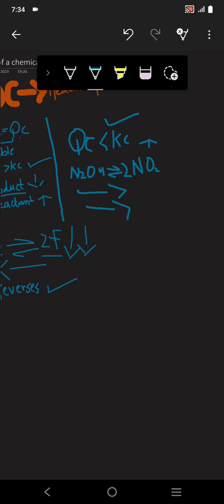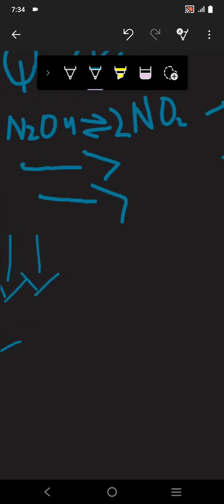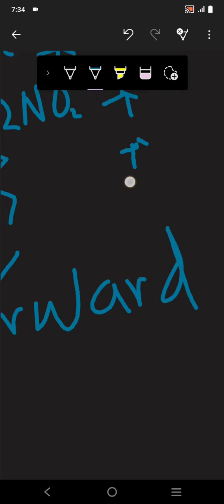When the reactants are converted into product, the product will be more and more, meaning we will be producing more and more product. That direction of the reaction is known as the forward direction. I hope that is clear.